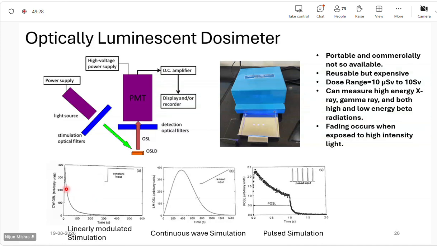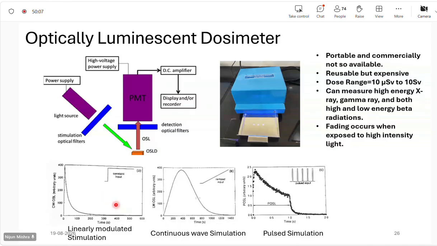In linearly modulated stimulation, initially we set it at 0 stimulation light, then gradually increase the intensity, and eventually the trapped electrons get released from the OSL. I mistakenly interchanged these captions. And this one is pulsed stimulation, meaning we provide the stimulation light in pulse form.